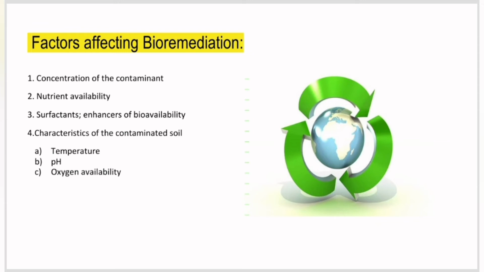The concentration of nutrient availability directly affects the degradation of the contaminants. The rate of bioremediation can also be determined by knowing the accessibility of organic matters to the microorganisms. The third factor responsible for the bioremediation is surfactants, enhancers of bioavailability.